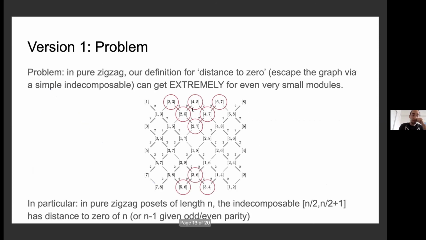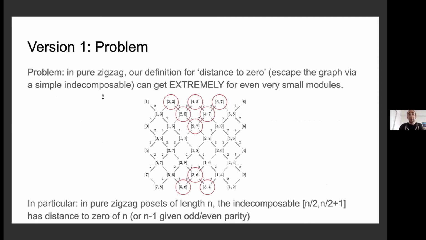So you wind up with this kind of weird problem where all these highlighted guys, their distance to 0 requires them to go uphill, in a sense. They have to first go to a larger module and then count down to some simple to get out.